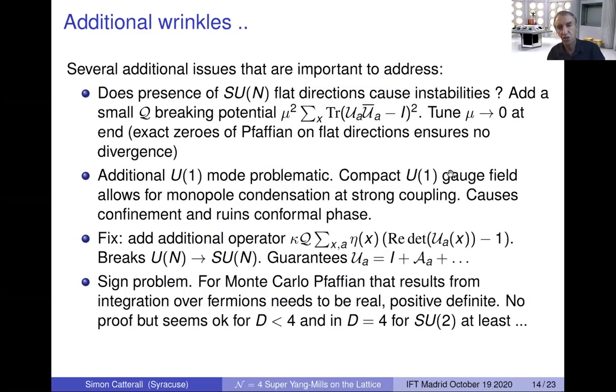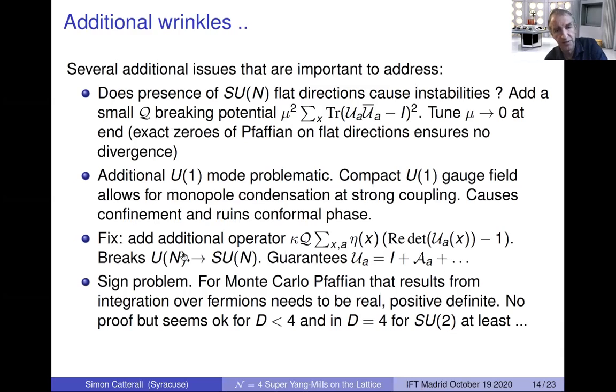Essentially that means it gives you a term which reduces the fluctuations in the U1 modes, but it explicitly breaks U(N) down to SU(N). So this action now, while it's Q-invariant, is no longer lattice gauge invariant under the U1 piece, because the determinant is not invariant under a lattice gauge transformation anymore. But the SU(N) sector is fine, obviously.